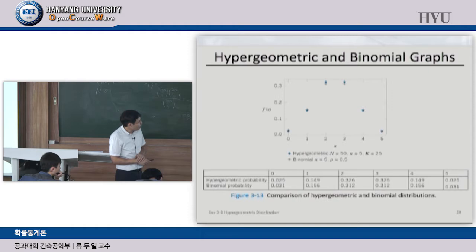And as you can see, both distributions exhibit similar behavior, which means that we can simply use the binomial distribution concept when the large N is much larger than the small n. Okay? So I'm going to explain why it is important.